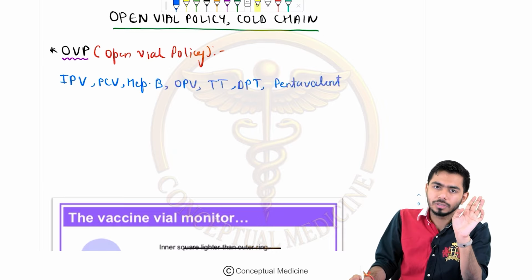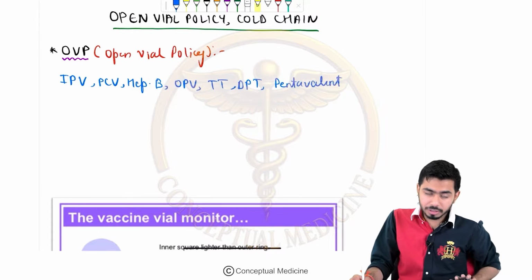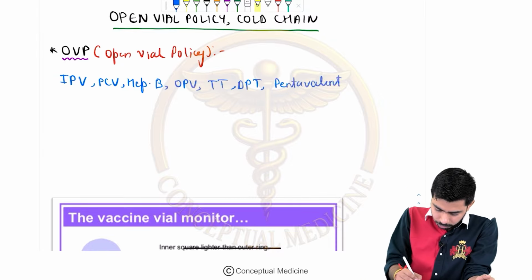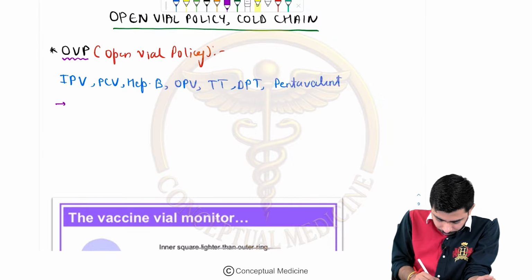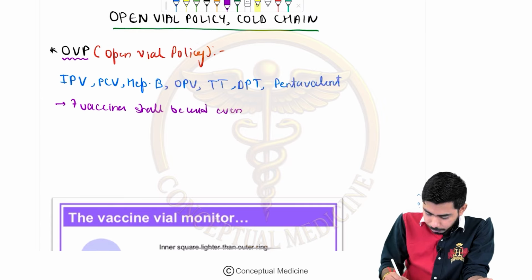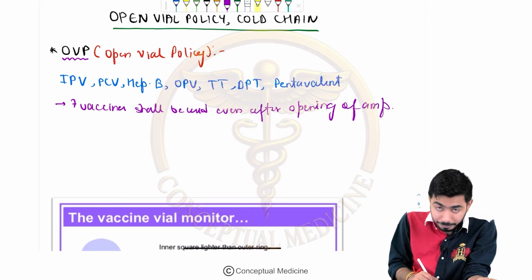If you are following these two conditions, then you shall be using these 7 vaccines even after opening of their ampules, till 4 weeks.